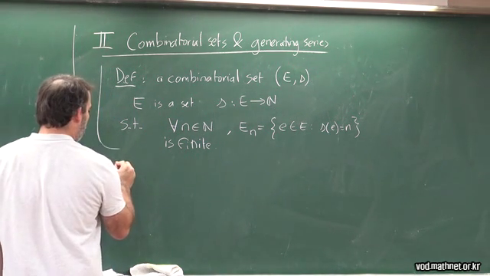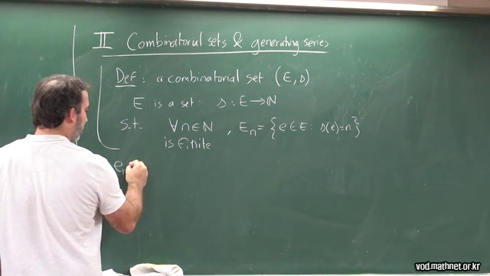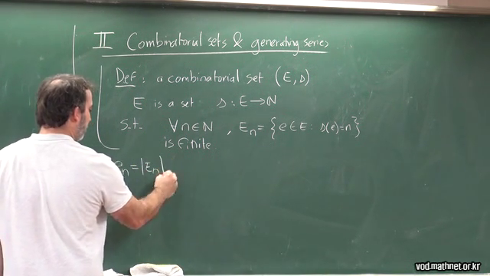Okay, and I will write small e_n for the cardinality of E_n.